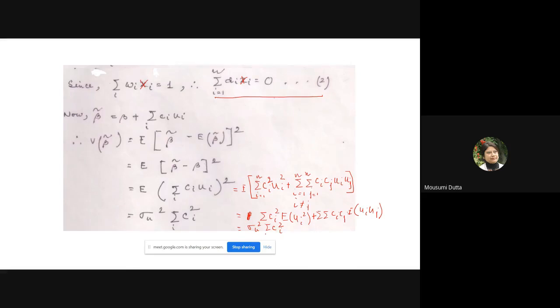So simply it will be this one, as the first one is the homoscedasticity assumption and the second one is the non-autocorrelation assumption. So everybody, I hope, got variance of beta tilde is equal to sigma u square into summation ci square.